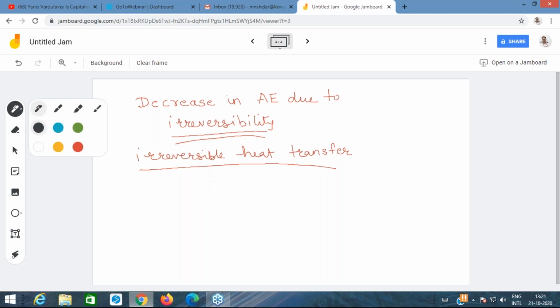I'm using a black now. Suppose there is a source at 1000 Kelvin. There is another source which is at 1000 Kelvin again.